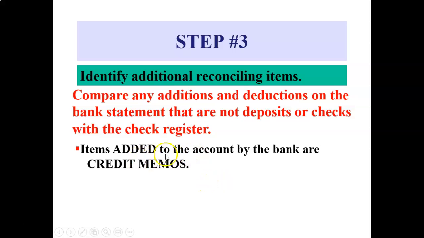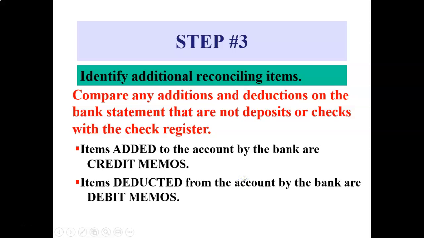So anything that's added by the bank that's not on our check register might be called credit memos by the bank. It may or may not. They may have other names, but sometimes that's a name that they'll use. If it's deducted on the bank, it might be called a debit memo.